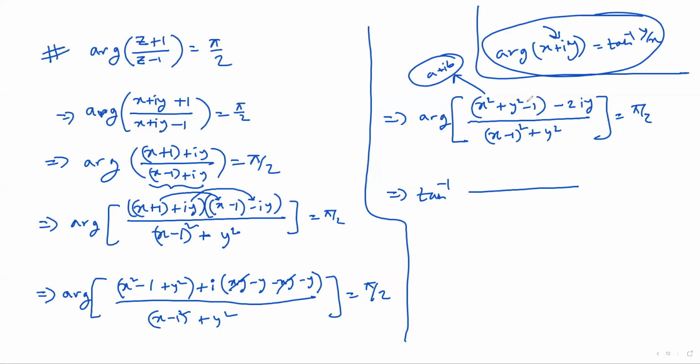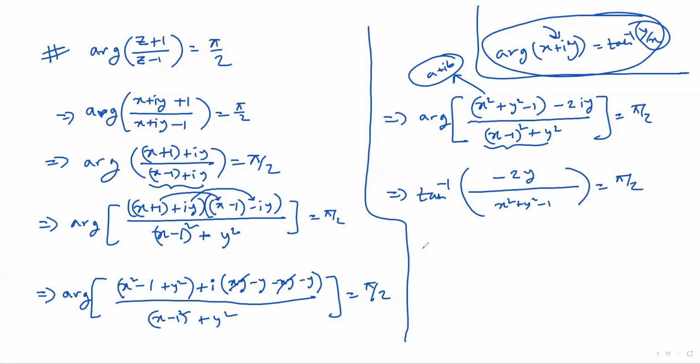But a and b would contain the same denominator, which would get cancelled out when we apply the ratio b by a. So just forget the denominator and write minus 2y divided by x square plus y square minus 1 equals tan of pi by 2.